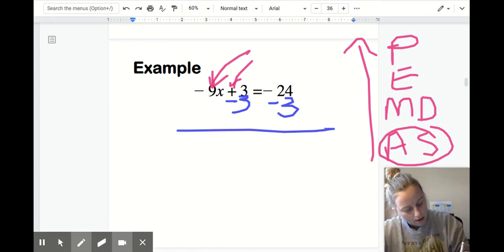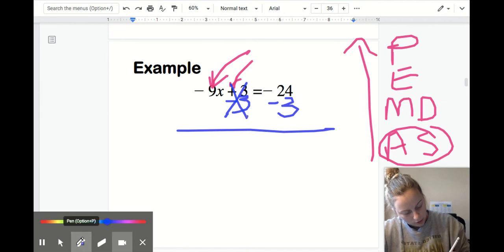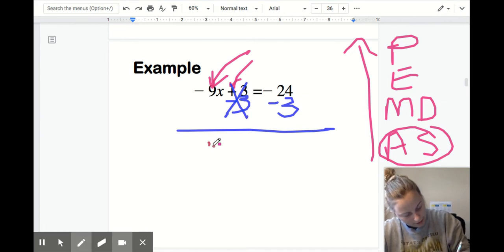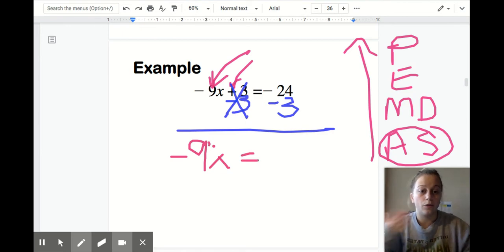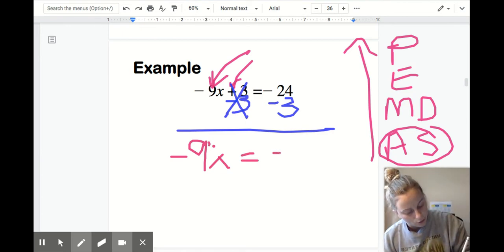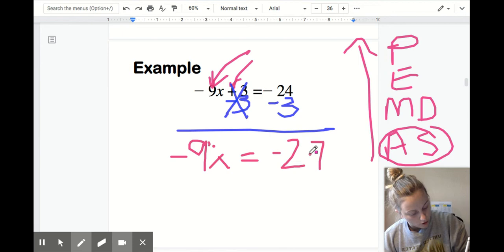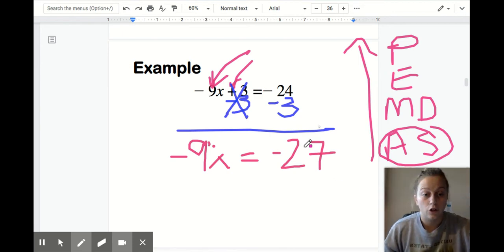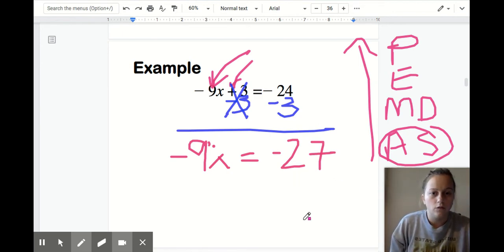My plus 3 and my minus 3 cancel each other out. So all that I'm left with over here is negative 9x equals negative 24, take away 3 more is going to give me negative 27. If you're unsure of that, you can use a calculator. You have them, so use them.